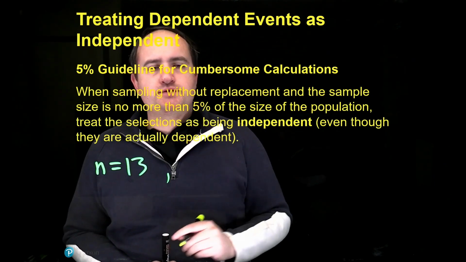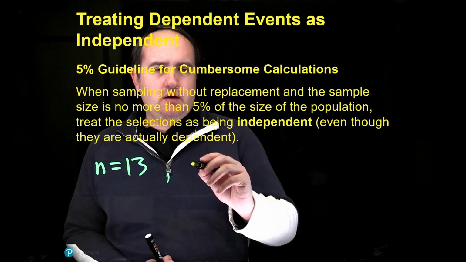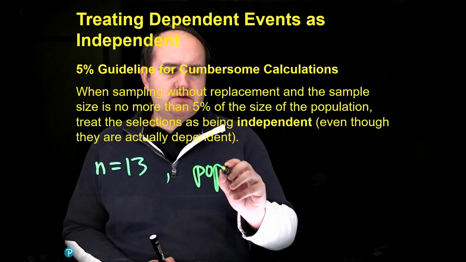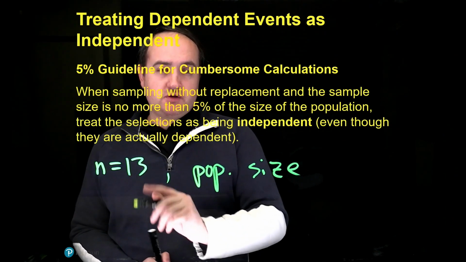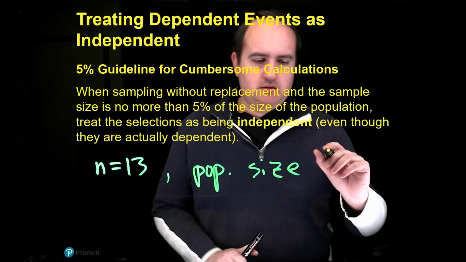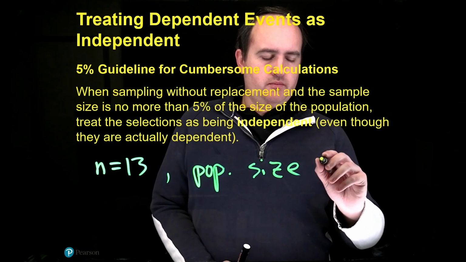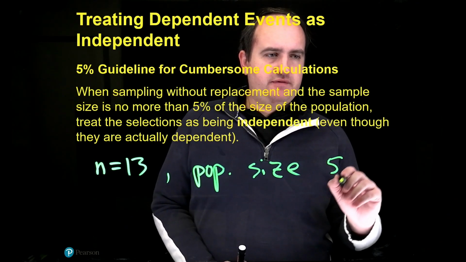So say n equals 13, and then the population size from which we drew these 13 trials could be, I don't know, let's just say 50,000.